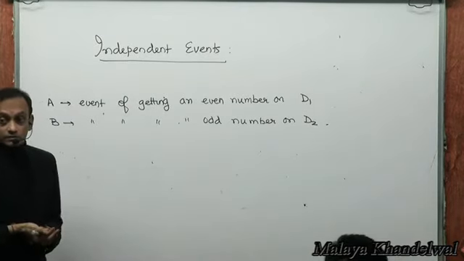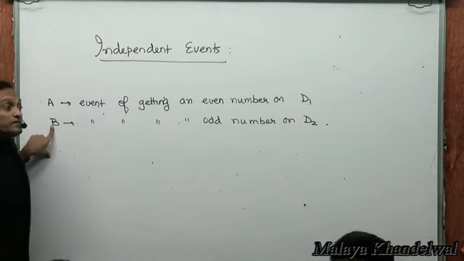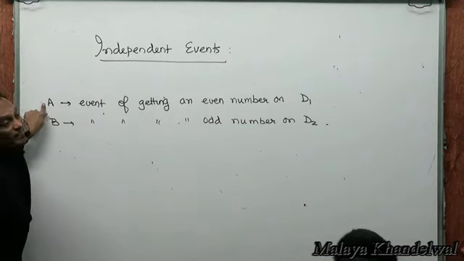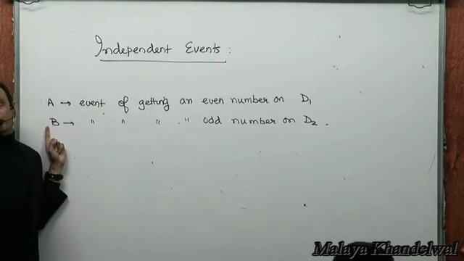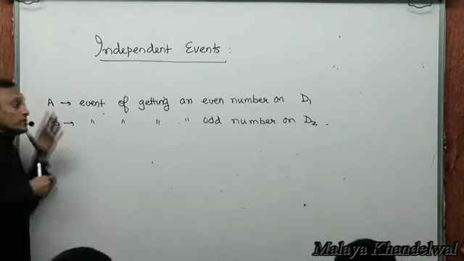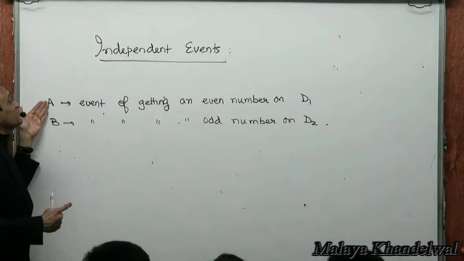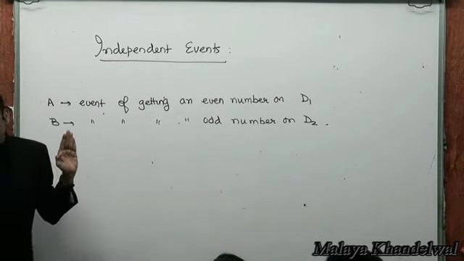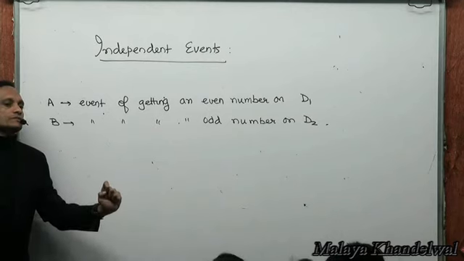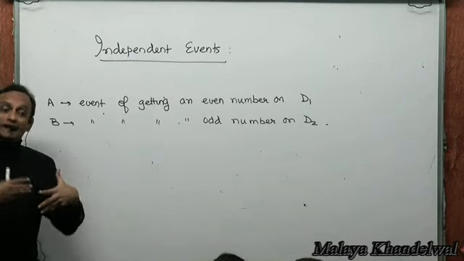Do you realize that the event B occurring has nothing to do with event A occurring? Whether A occurs or not, that will not determine whether B will occur or not, right? Similarly for A, this event A has nothing to do with the occurrence or non-occurrence of B. If two events do not depend on each other in this context, they are said to be independent events.